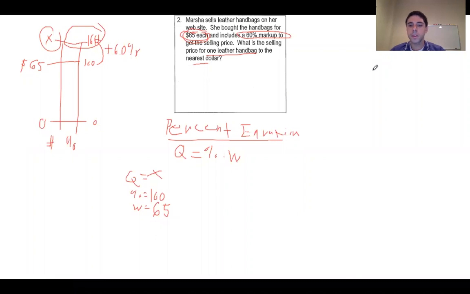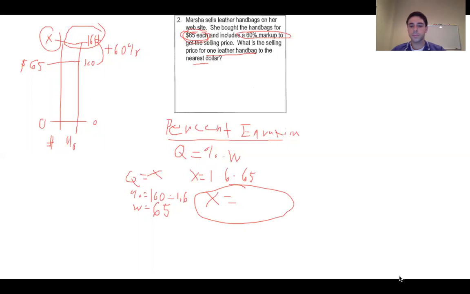Awesome. Great. So let's set this up. X equals, so this should be 1.6. We need to convert the percent into a decimal. So that's going to be 1.6 multiplied by the whole of 65.